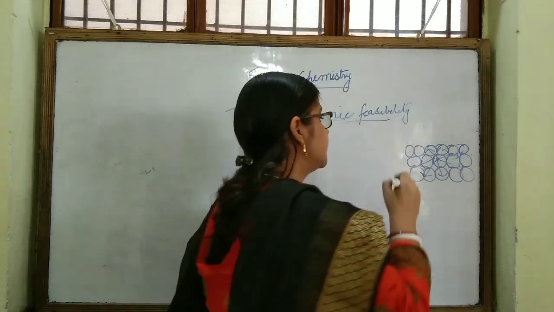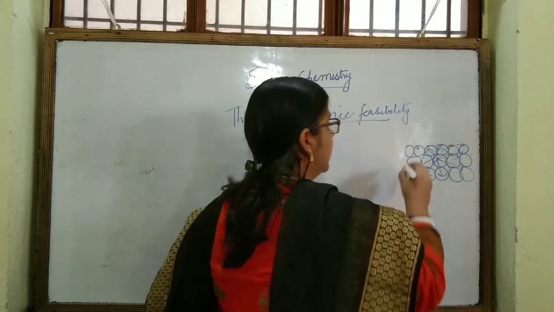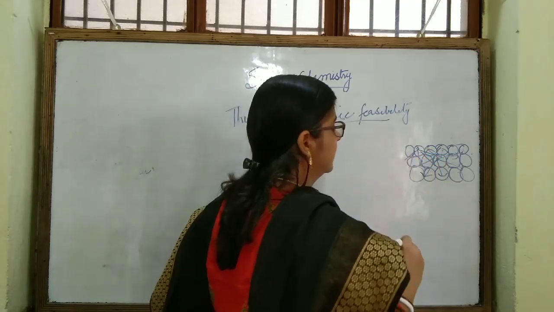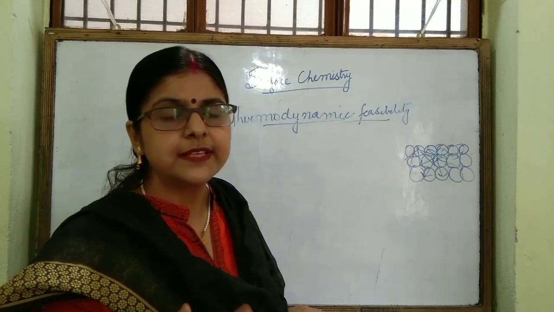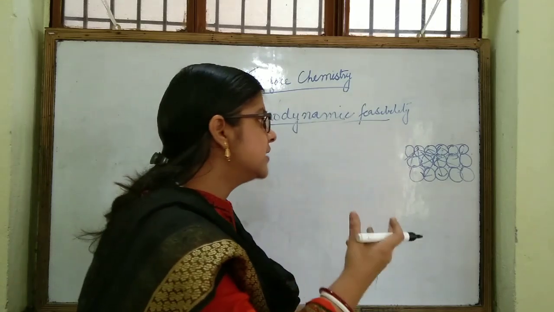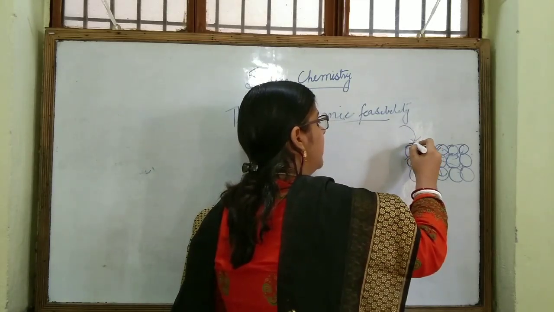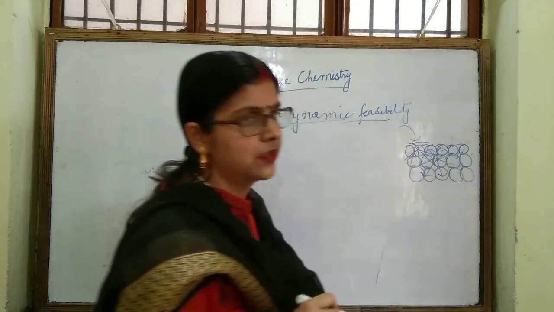But the species which is present on the surface is being attracted only from one side, by the backward pull. So, it faces an unbalanced force. So, it attracts the molecules of another substance on its surface.